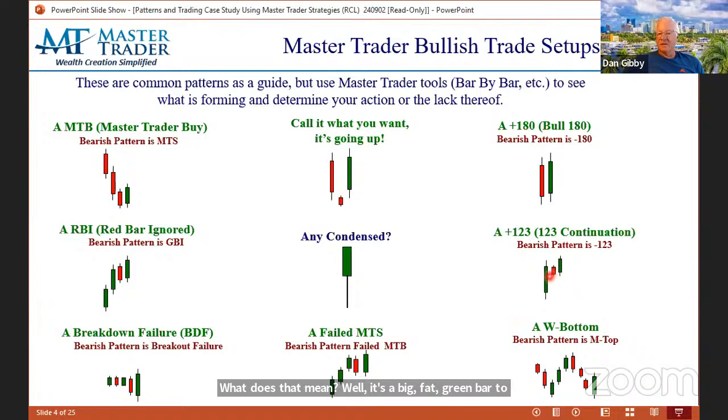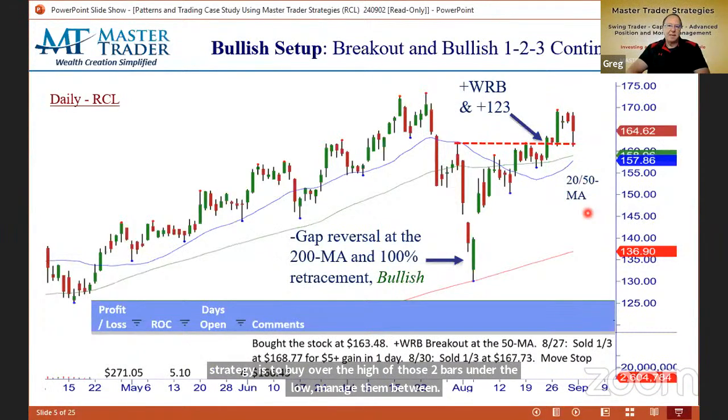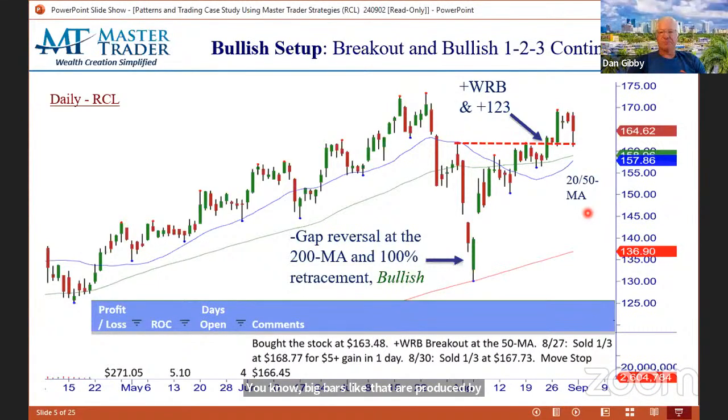We have an inside bar that stays in the upper third. The strategy is to buy over the high of those two bars, stop under the low, manage in between. And unless it was a penny stock, big bars like that are produced by big money institutions. Absolutely. Which suggests that they're not going away.